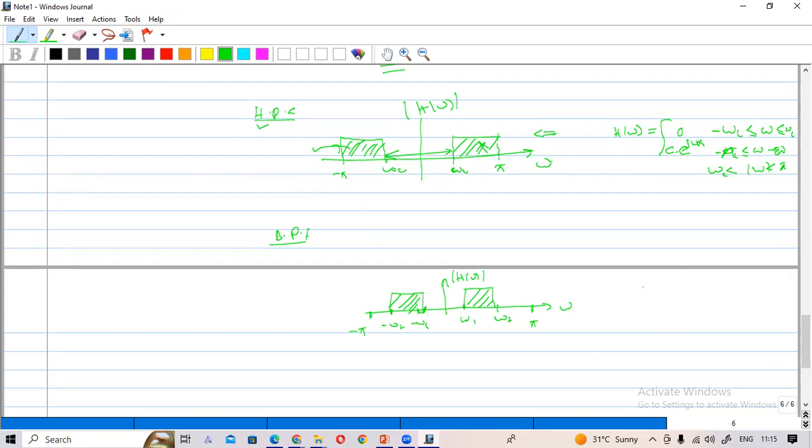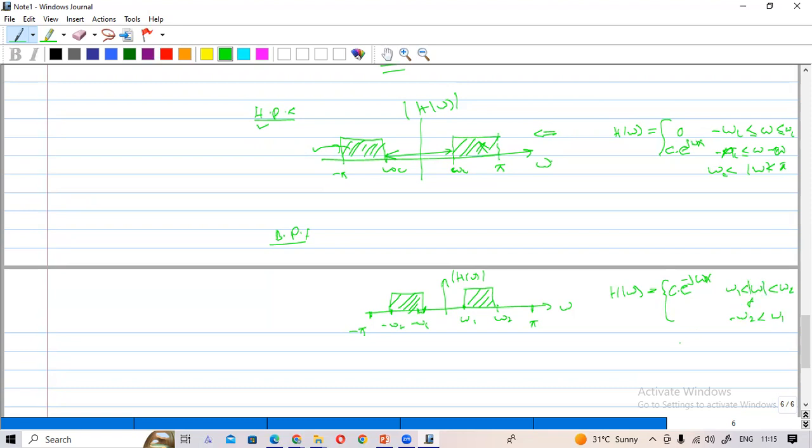So you can write H omega as C e to the power minus j omega alpha when omega is between omega 1 and omega 2, and also between minus omega 2 and minus omega 1. I think you can put the magnitude here.